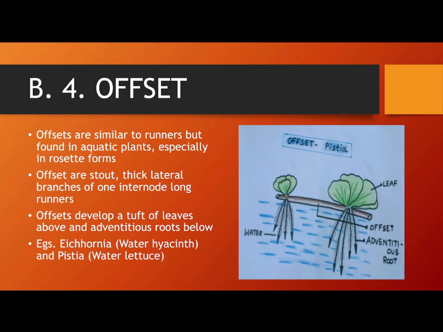These offsets are stout, thick, lateral branches of one internode long runners. The offset develops a tuft of leaves above and adventitious roots below. Eichhornia and Pistia are good examples of offset.